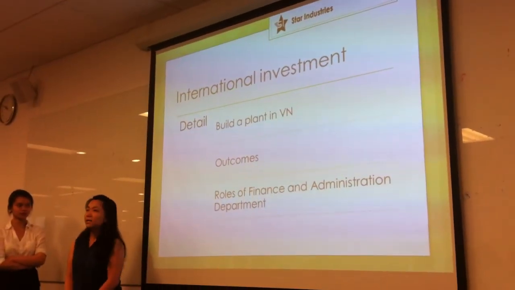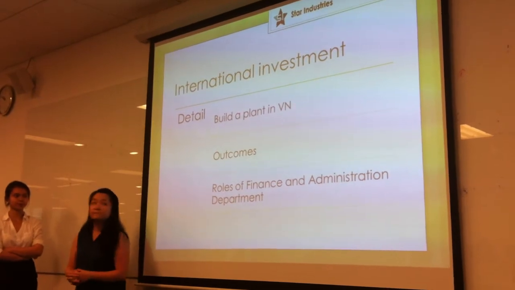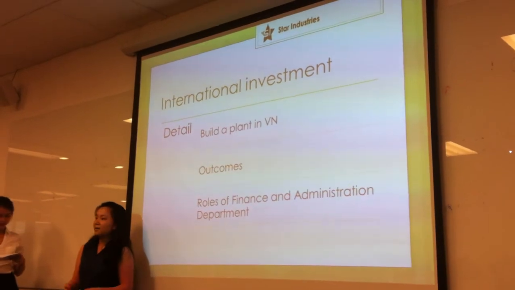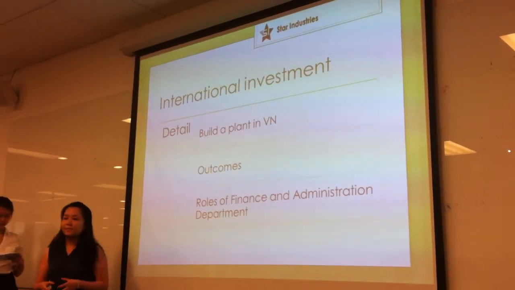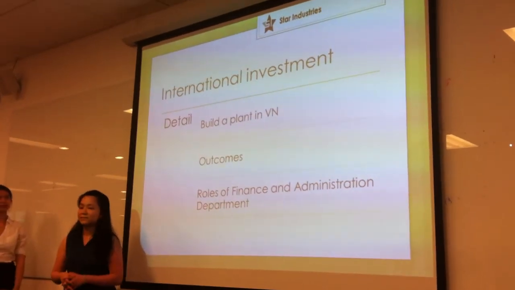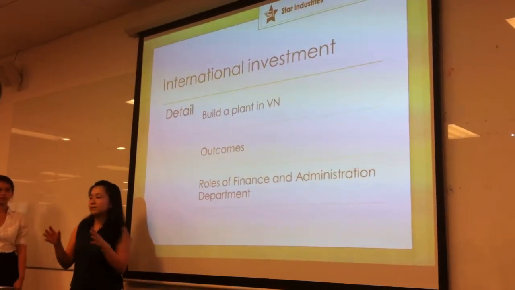And finally, what our department is going to do with this strategy is that we will estimate the investment, and this is one of our considerable risks. For example, the cost of moving the technology from Australia to Vietnam and other additional fees. And next, we have to manage our troublesome administration process of the important documents.